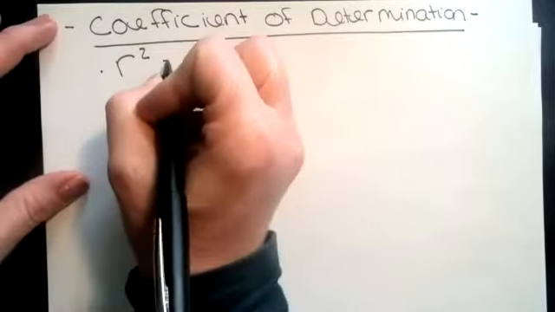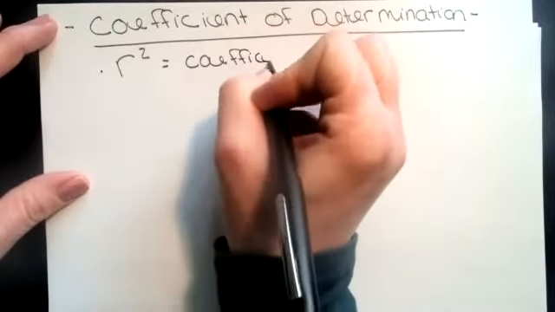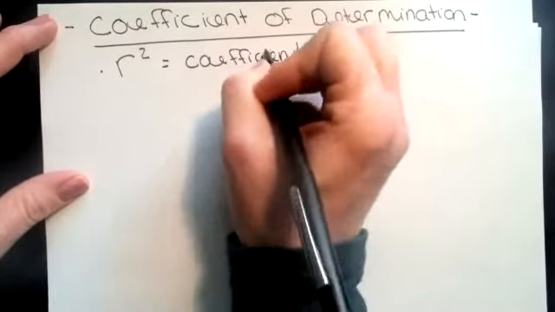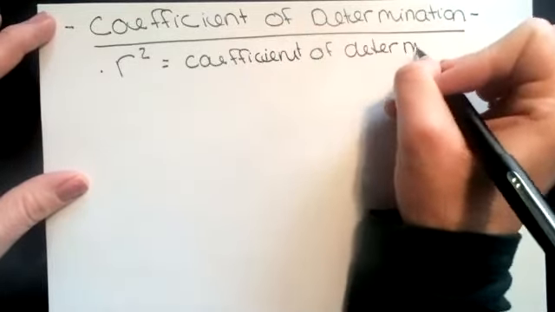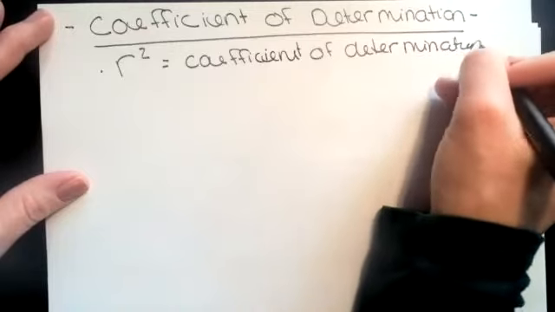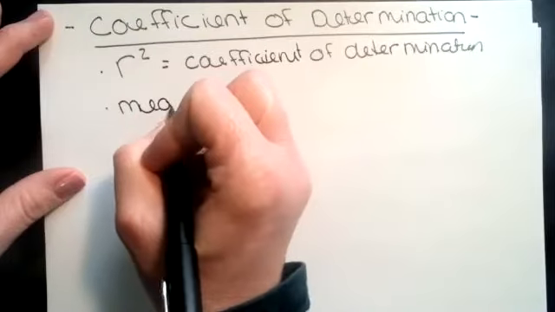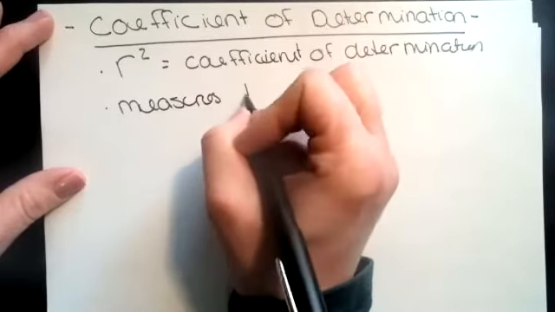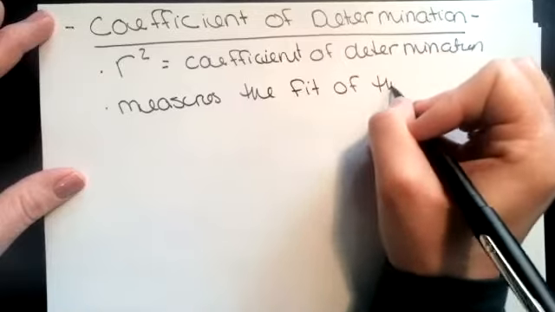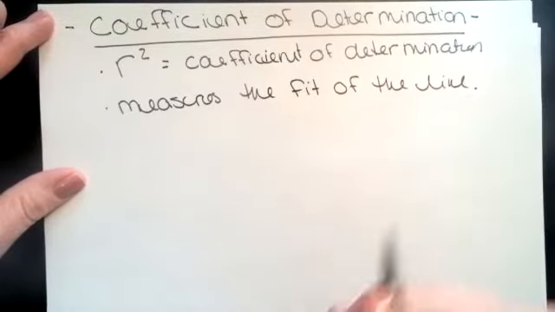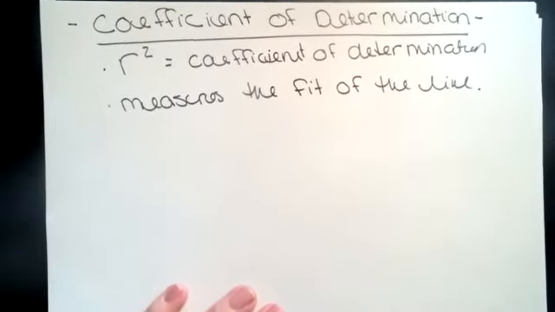So R squared is equal to the coefficient of determination. And what this does, this measures the fit of the line. So this is going to tell me how well my line is fitting my data.